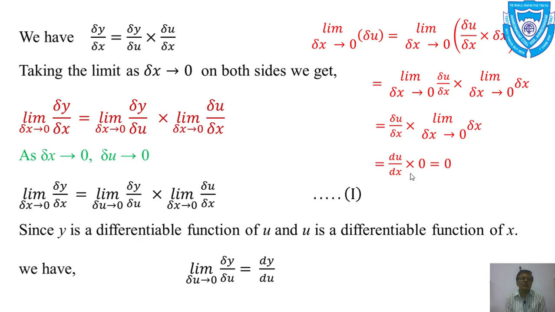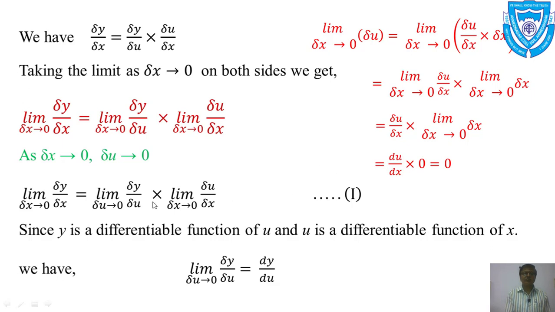Now let us come back to our point from where we had shifted here. The limit as delta x tends to 0 of delta y upon delta x is equal to the limit as delta u tends to 0 of delta y upon delta u into the limit as delta x tends to 0 of delta u upon delta x.